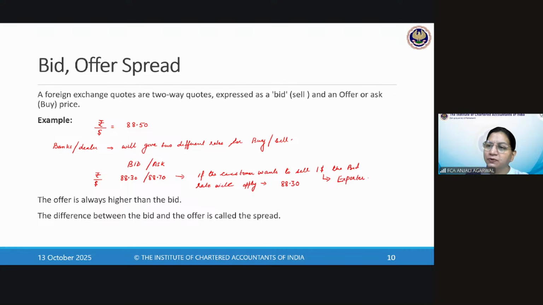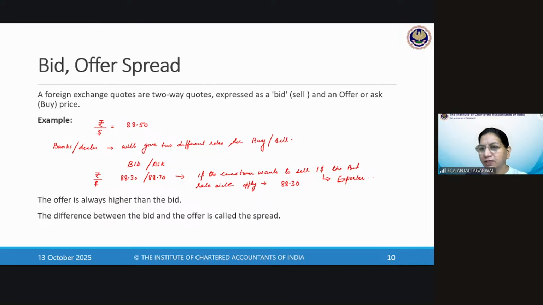He will export goods to, let's say, USA. We're talking from the Indian concept. If you are an Indian and you have exported goods to the US and the invoice is raised in dollars, the US importer will pay dollars to you. Now, you cannot keep those dollars in India. You have to convert it into your local currency or your home currency.